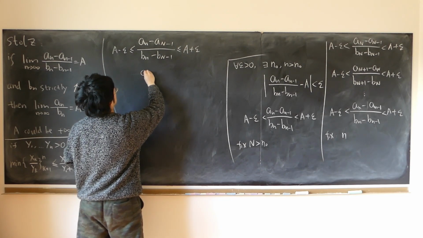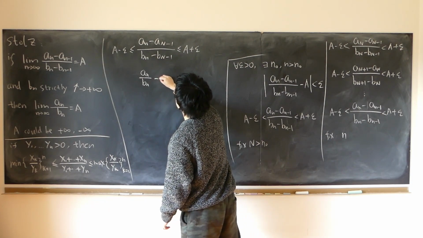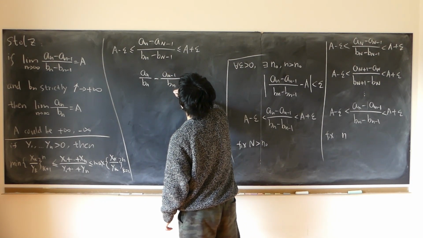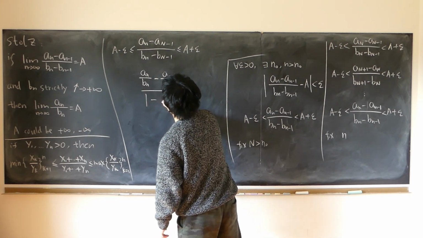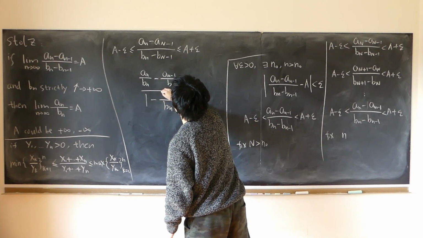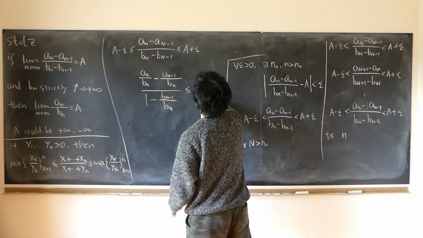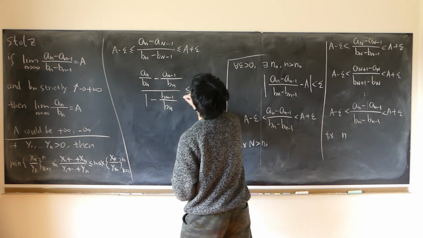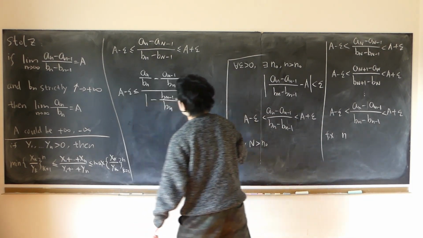So I have an over bn minus a capital N minus 1 over bn, and bn over bn is just 1, so 1 minus b capital N minus 1 over bn, still less than or equal to a plus epsilon and larger than or equal to a minus epsilon.